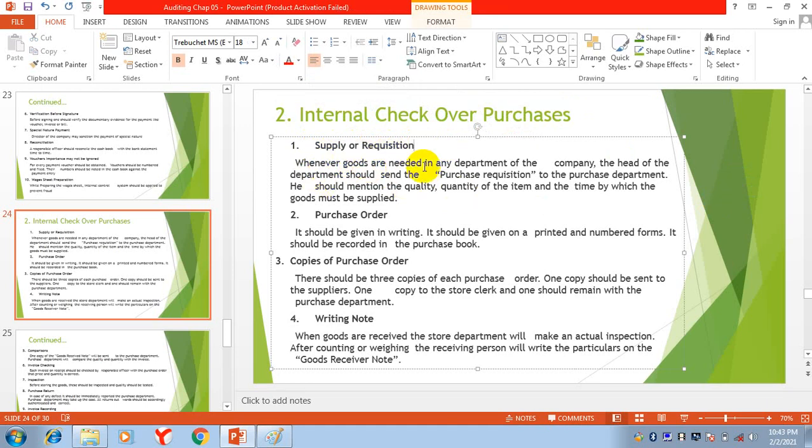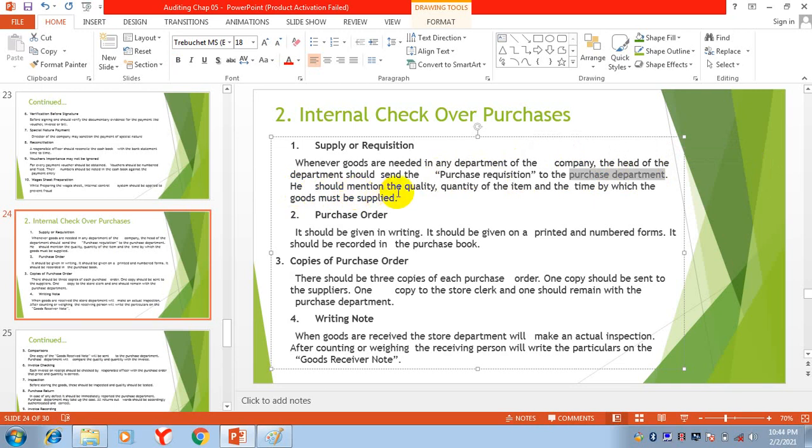Whenever goods are needed in any department of the company, the head of the department should send the purchase requisition to the purchase department. There are lots of departments in a company, so each department, when they need something, will send a request to the purchase department.